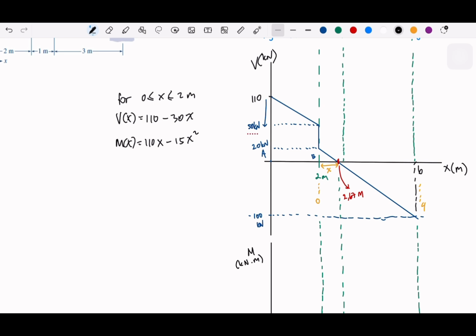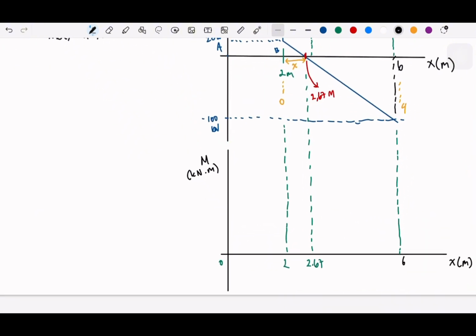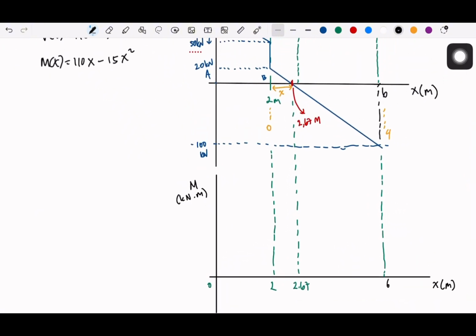Okay. So that's what might happen, but I'm pretty sure that you don't need to write or graph the curve accurately as long as you know the exact number. For example, what we want here is at x equal 2. So at x equal 2, we can compute this.